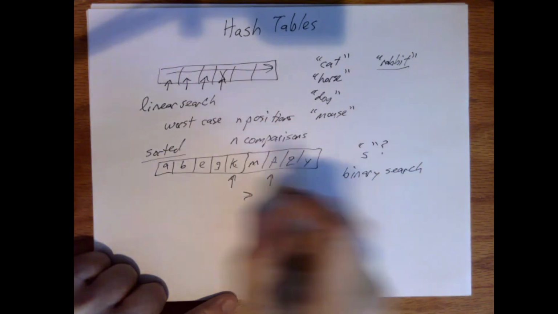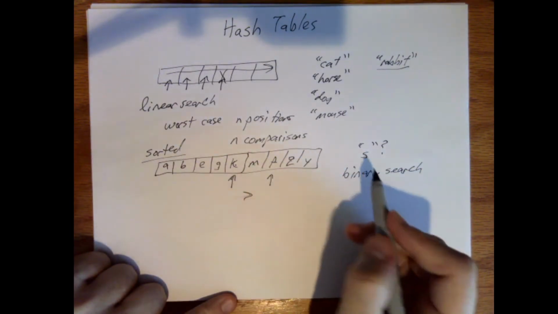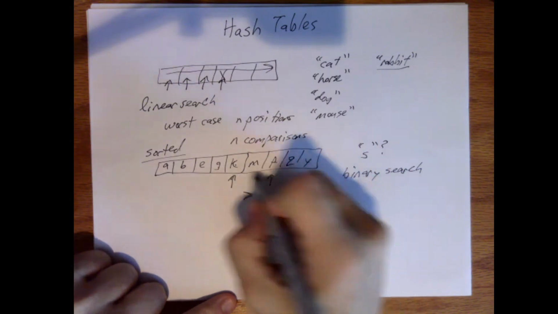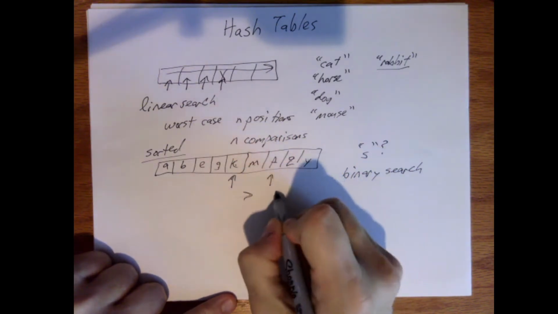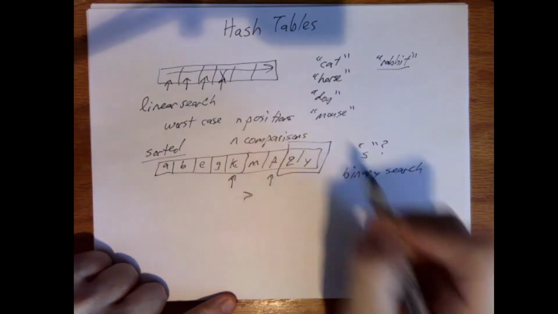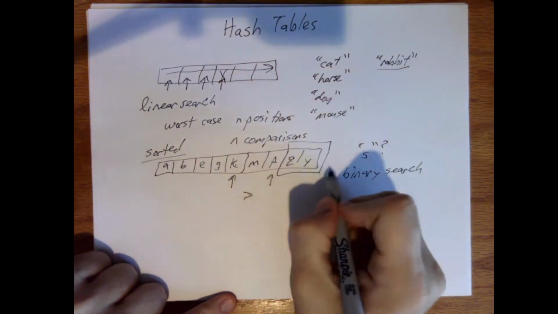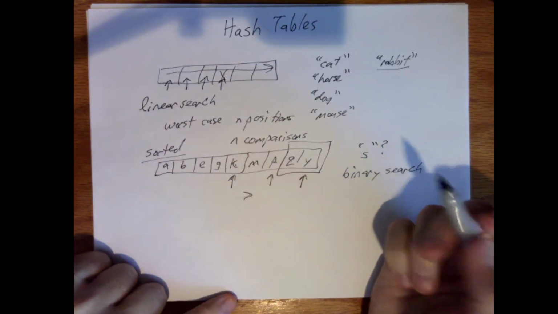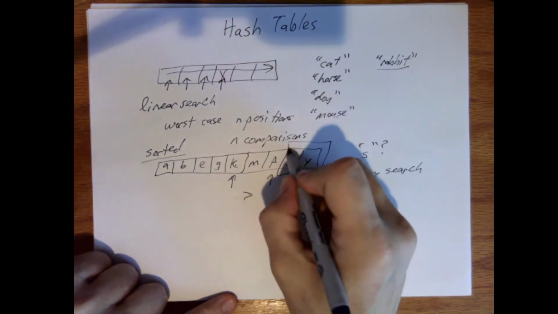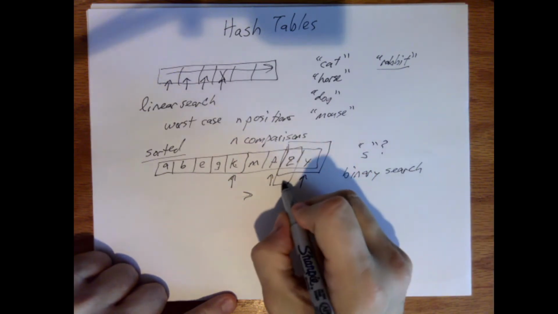Well, if not, I'm going to do the same type of thing. So I know that if I've just split and found the middle, then it has to be to this side. So now it has to be here if it exists. So I'd ask, is there S? Depending on how I split, maybe I end up checking there. That's not S. So now I know it has to be down to this point. Is that S?